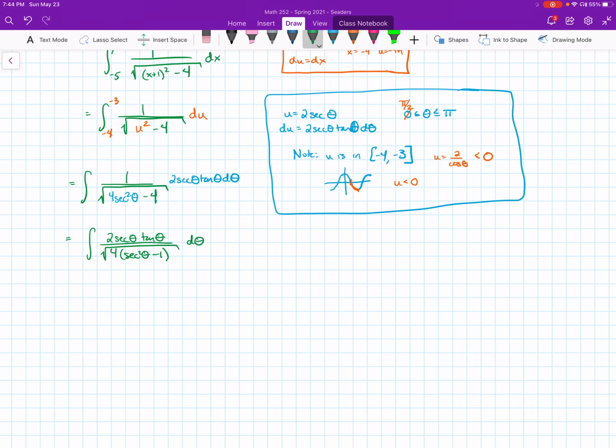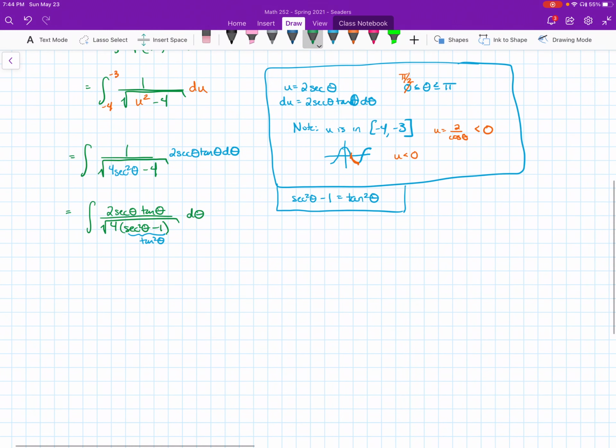Now I'm going to use the trig identity connected with this: secant squared theta minus 1 is the same as tangent squared theta. I can replace this with tangent squared theta, which is what allows me to get rid of my square root. That was the whole goal of this trig substitution, to get rid of my square root.